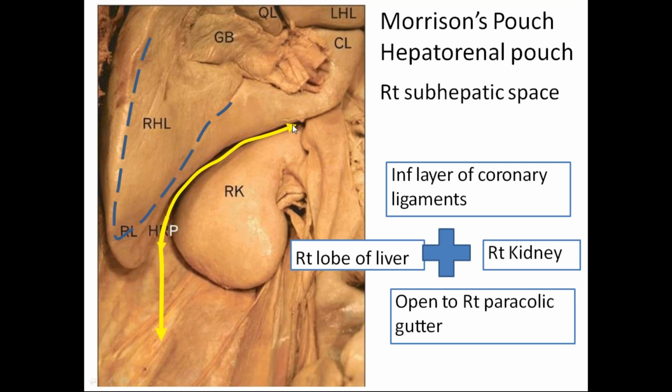Superiorly you will have the inferior layer of coronary ligament, and inferiorly it opens into the right paracolic gutter. So anteriorly by right lobe of liver, posteriorly by right kidney, superiorly by inferior layer of coronary ligament, and inferiorly it opens into right paracolic gutter. Clear about hepatorenal pouch?